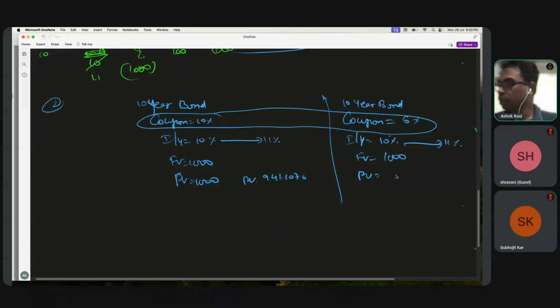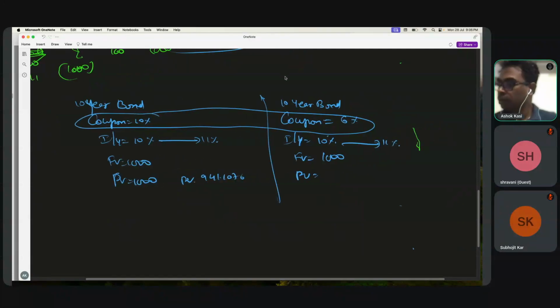Now you calculate and tell me. So what will you take the payment as? See, N, IY, present value, payment, future value. So N will be 10. IY will be, initially you calculate, initially it is 10.